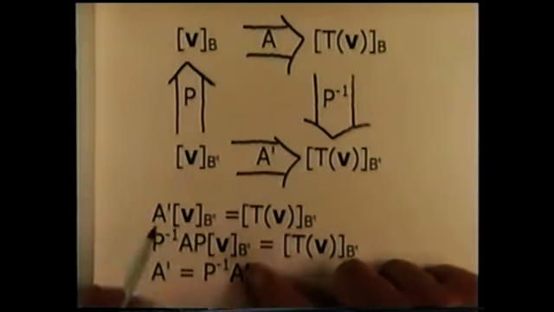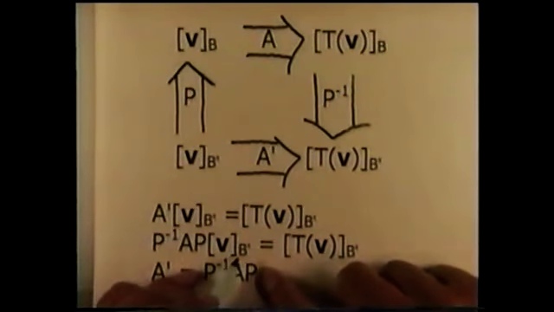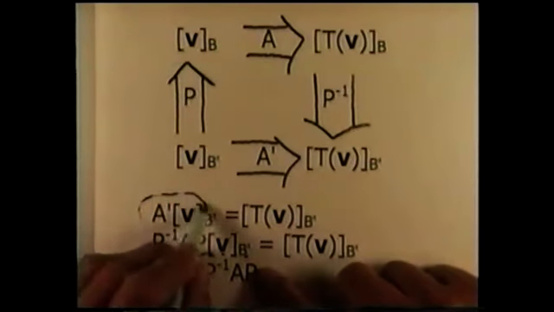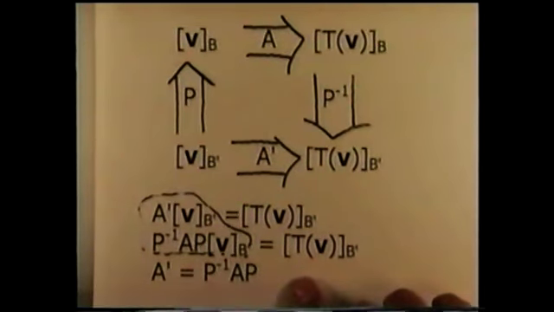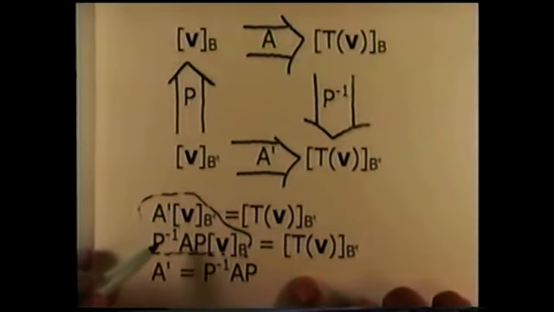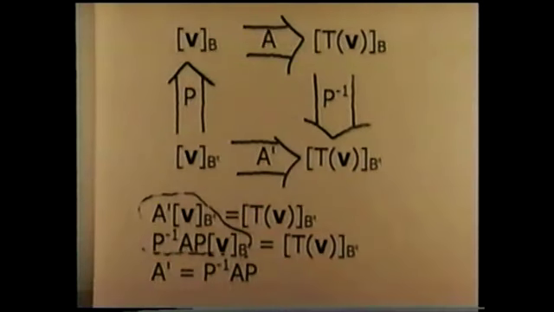Now equating these two, I can see that these expressions must be the same because they're equal to the same thing. Well, if that's the case, then A prime must equal P inverse AP.